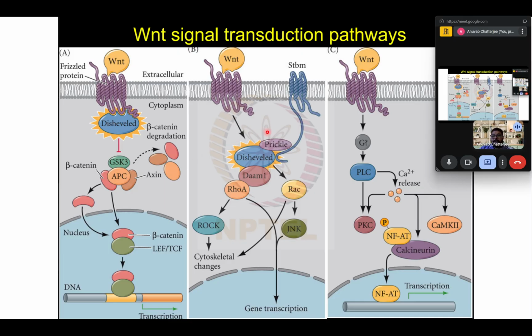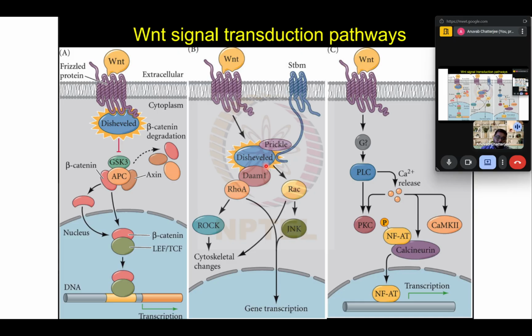The other ways Wnt signaling occurs is where there is no beta catenin involved but other downstream partners. When Wnt binds to frizzled and there is a co-receptor known as STBM, it again causes disheveled to be activated.